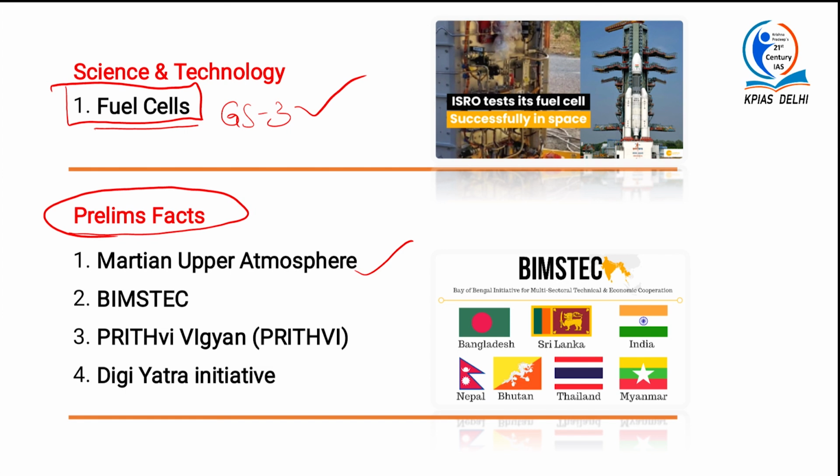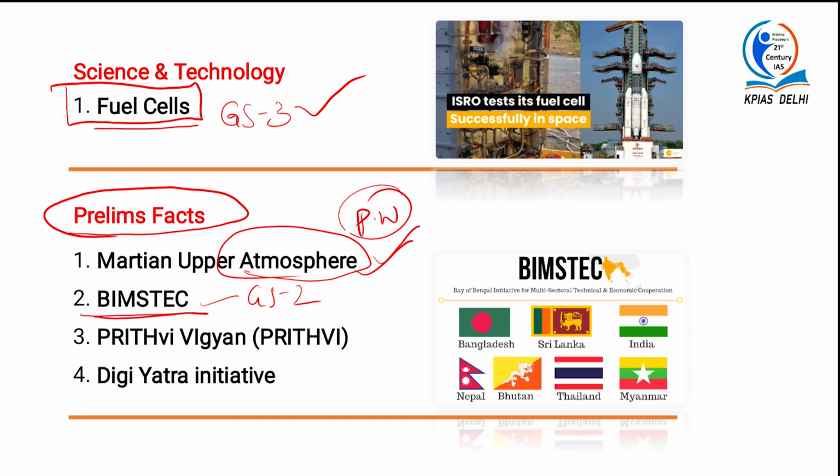We will be looking at what plasma waves are and what role they have to play in the atmosphere of Mars. Next important article is BIMSTEC. As we all know, it forms part of your GS paper 2 under international institutions, groupings and agreements involving India or which are affecting India's interest, or regional groupings, India and its neighborhood. All this forms part of your GS paper 2.